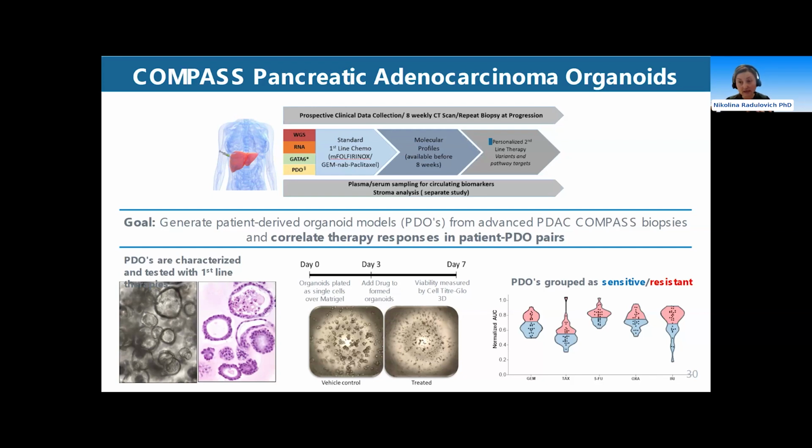So we would make the organoid model, we would drug screen it, and we would calculate the area under the curve for each of the organoids. It's showing you here that anything below the median would be the organoids that are sensitive to that particular drug. Anything above would be the resistant. You can even go further and look at quartiles.